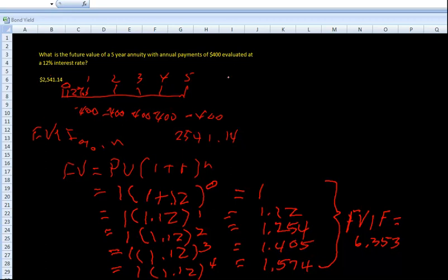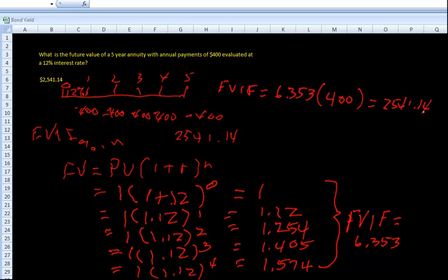And so now if we take our factor, and let me see if I can squeeze it in up here because I need the room. Our future value interest factor equals 6.353, and if we take that times our $400 payments, that should give us $2,541.14, or within a penny.